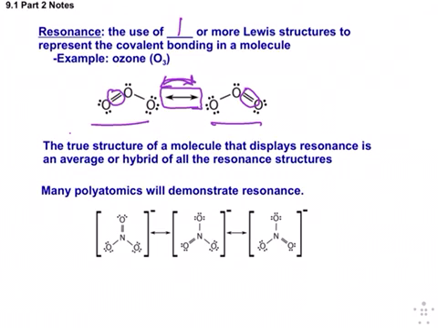Many polyatomics will demonstrate resonance. So here, how do we know that it's a polyatomic, first of all? There's the brackets and the charge. Good. And how do we know that it's a resonance structure? The arrows, and if you look deeper within the drawing, what do you notice?